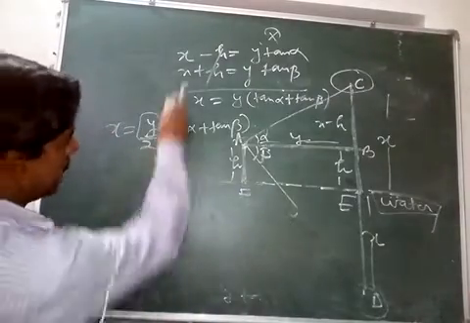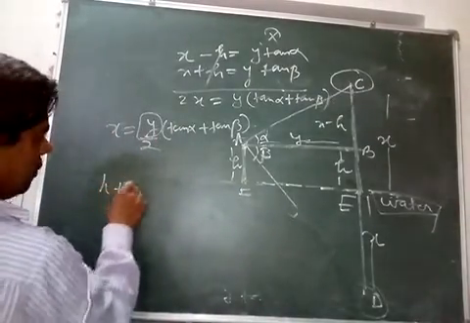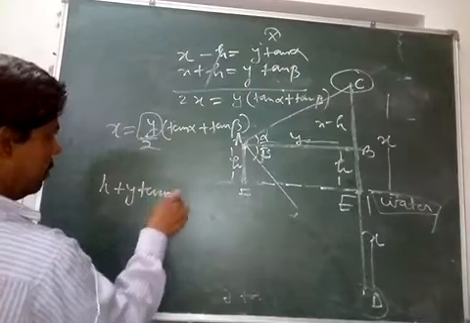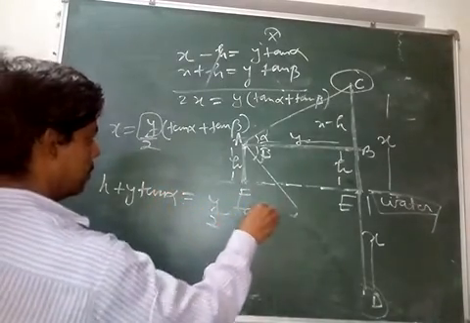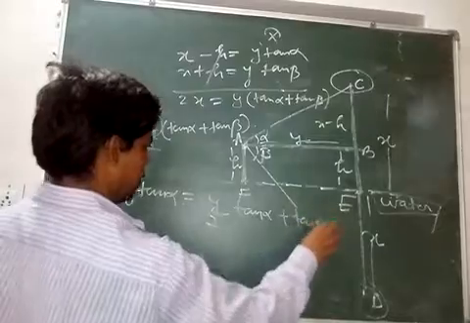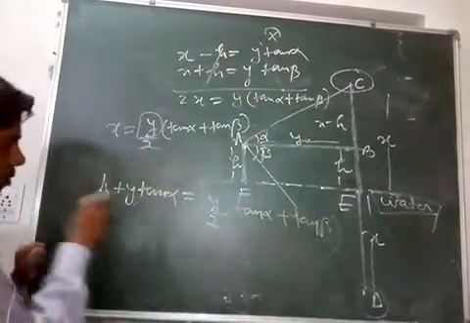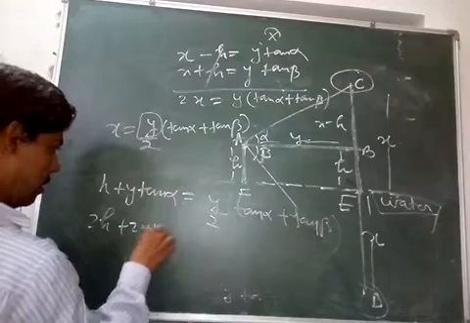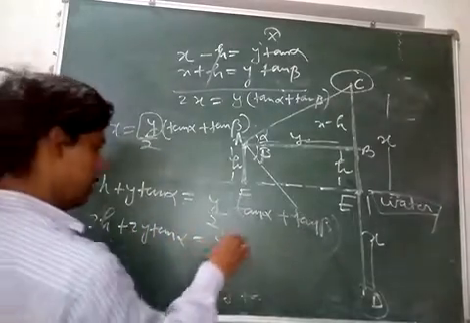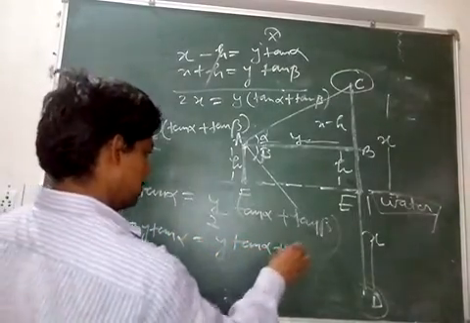What was x here? h plus y tan alpha is equal to y by 2 tan alpha plus tan beta. Now pay attention to what I am doing. I am multiplying by 2 here. 2h plus 2y tan alpha is equal to y tan alpha plus y tan beta.